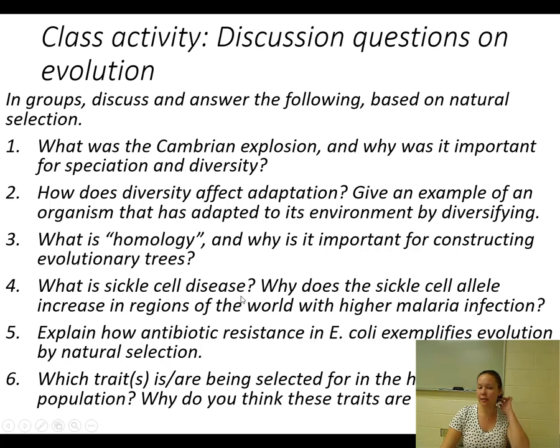This is something I did not discuss, but if you look it up, sickle cell disease is one of those diseases that's recessive, and I talked about alleles and what recessive versus dominant means. And it's really interesting because when I mentioned alleles, there's the homozygous dominant individual and the homozygous recessive individual. And the homozygous recessive one, when a disease is recessive, would have the disease.